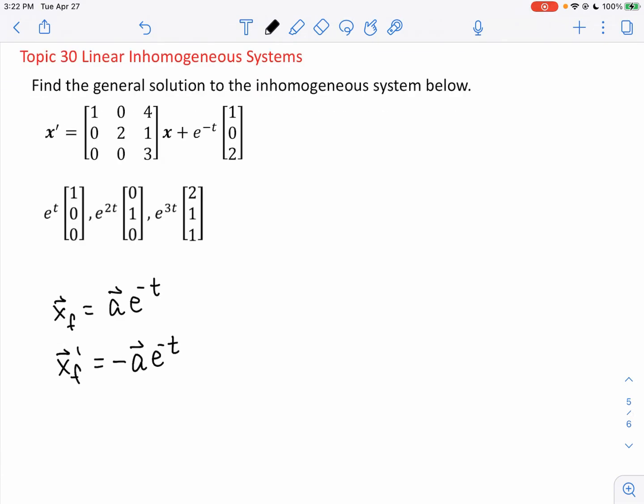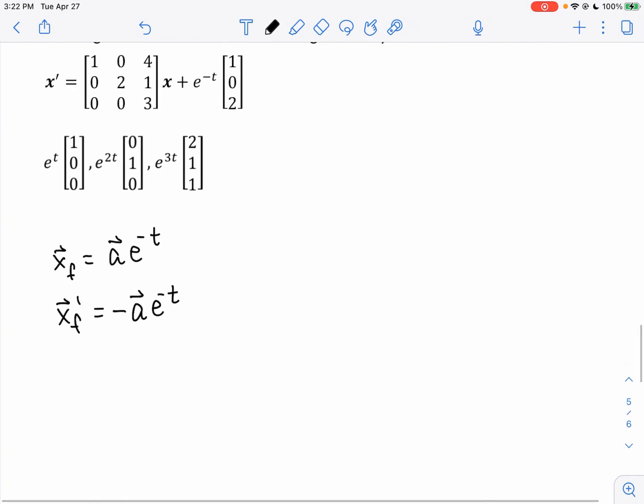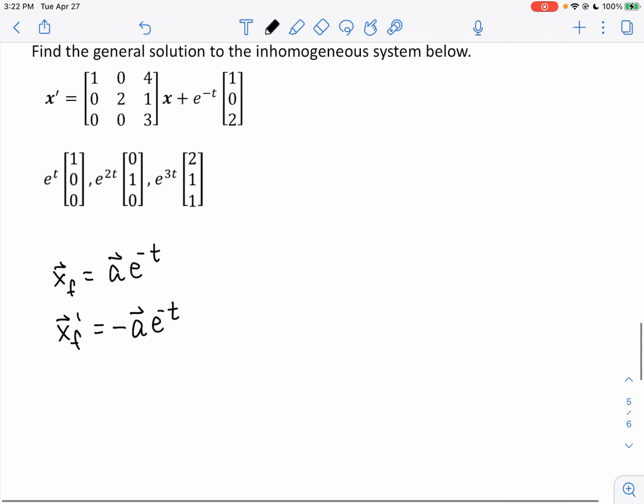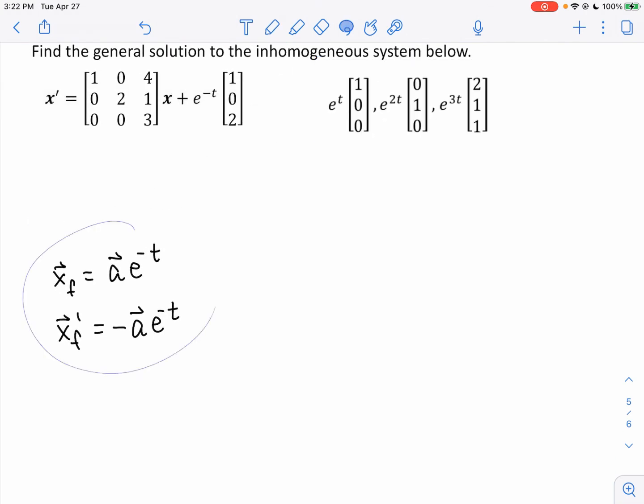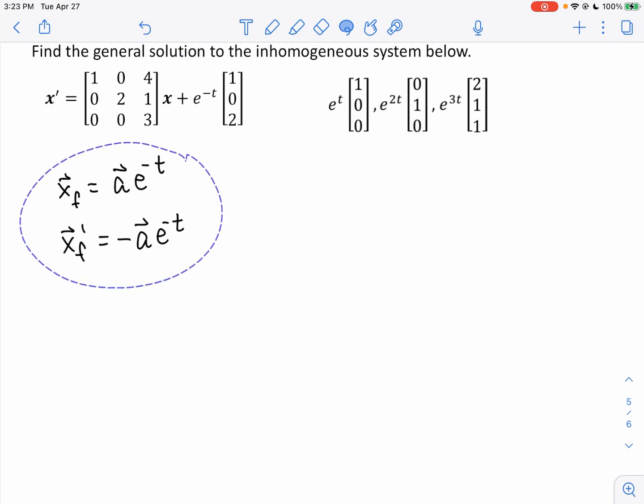Okay, from here, now we want to plug into the differential equation and see what sort of system of equations we can produce. Let me move this up here. So I'm going to plug in these statements for the x prime and the x and rewrite this system.